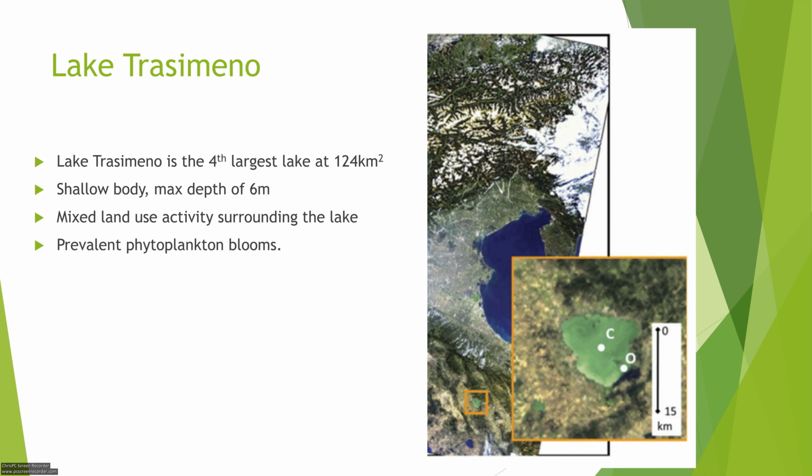There's a variation of land use in the surrounding area, from slightly developed to mostly rural, as well as some agricultural uses and livestock, namely bovine. And it has been noted that this site experiences prevalent phytoplankton blooms season to season.